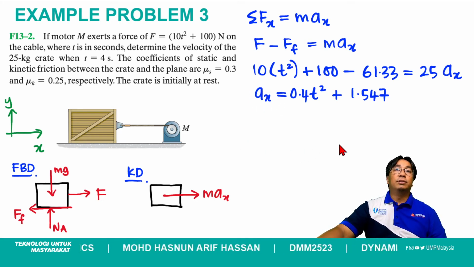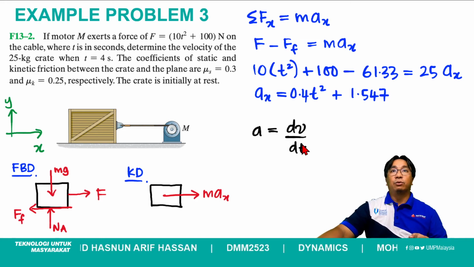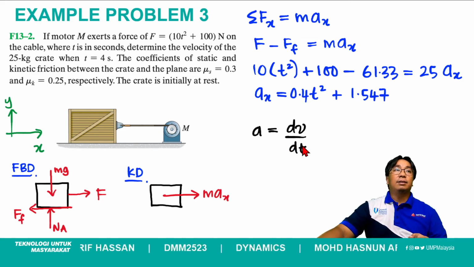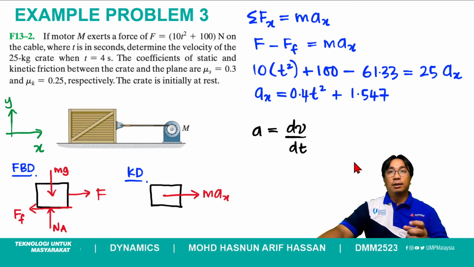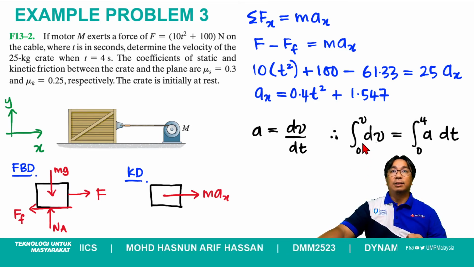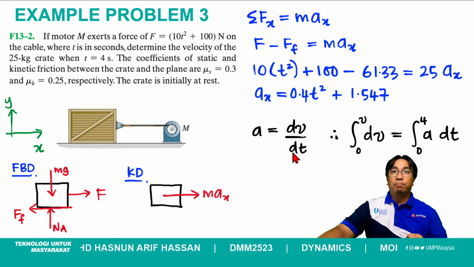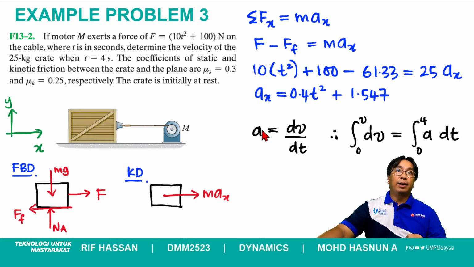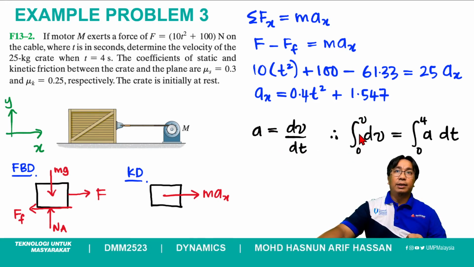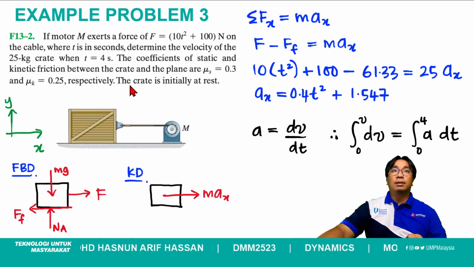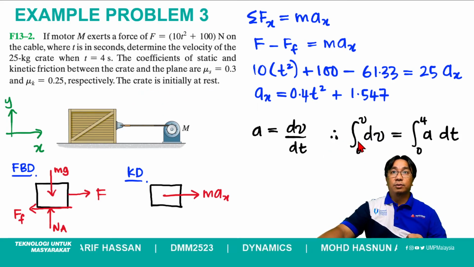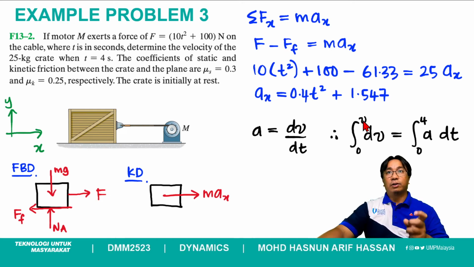By using the basic kinematic equation, which is a is equal to dv over dt. So you have to use a little bit of integration in this case. You can bring dt to the a here, and then we integrate dv to get V. Integrate dv from 0 to V because it starts from rest, so 0 to the current velocity that we want.